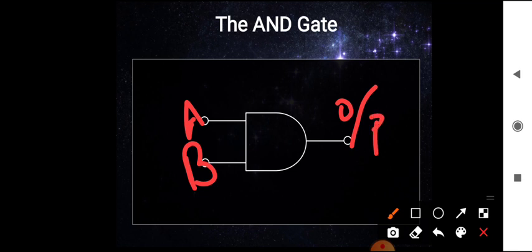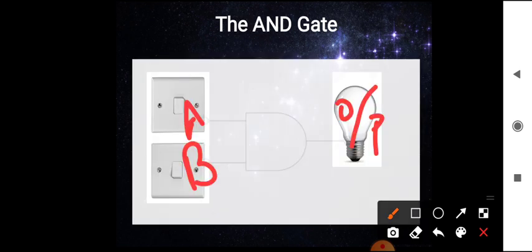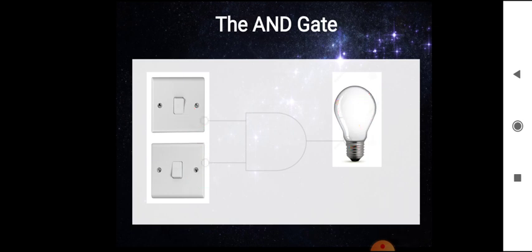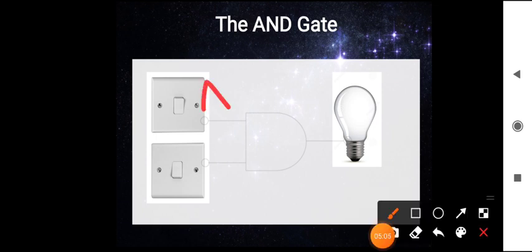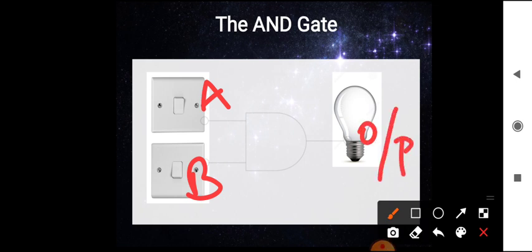So we have two inputs and one output. This is A and this is B and this is the output. Okay, so this AND gate output will be A dot B.